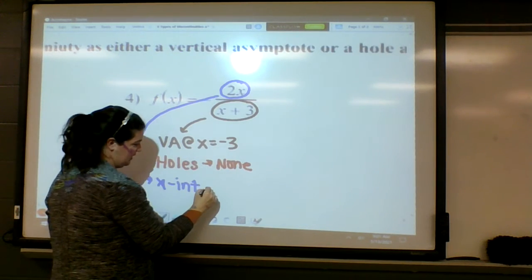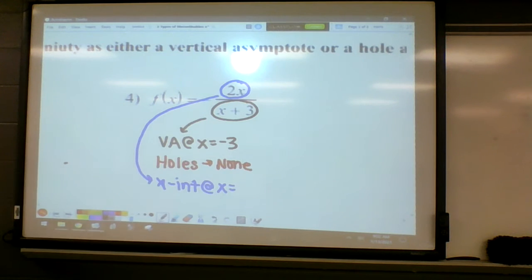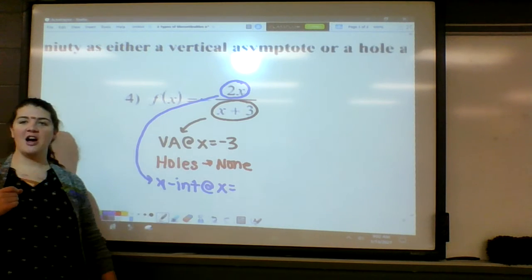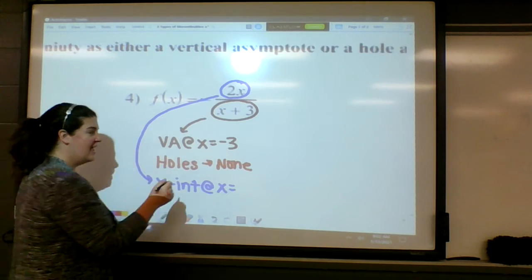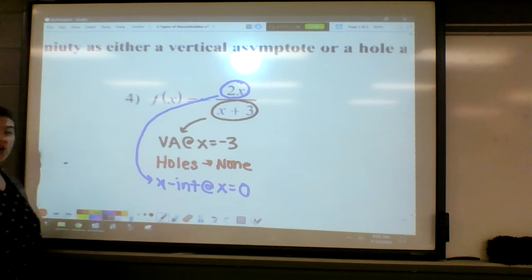It didn't get used for anything else. And that would be at x equals? Does it matter that there's a negative? No, this isn't going to matter for us. So where is the x-intercept? What makes 2x equal to 0? 0, right? If there's nothing added or subtracted, then it's at 0.